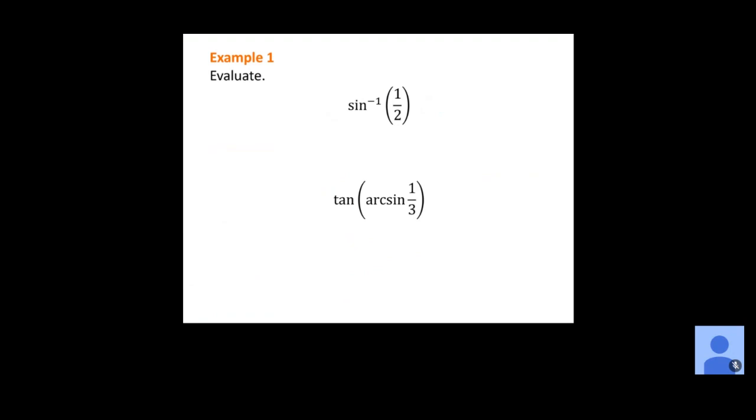All right, so first off, if we want to evaluate the inverse sine of 1/2, what is that asking us to do first off, right? If we're looking for the inverse sine of 1/2.